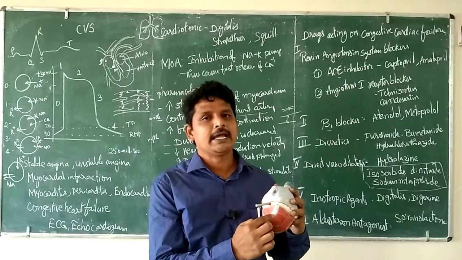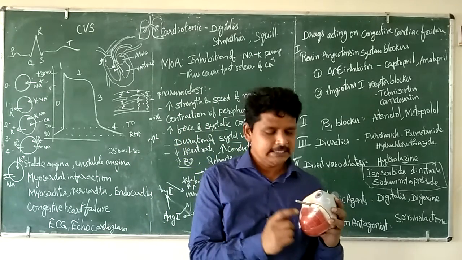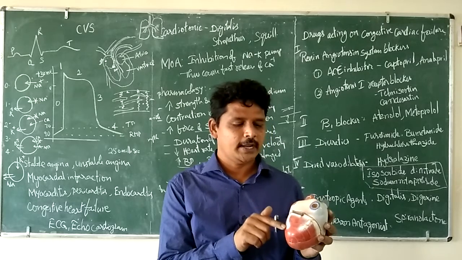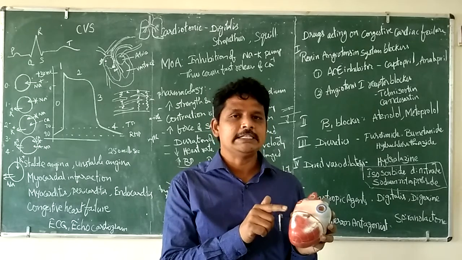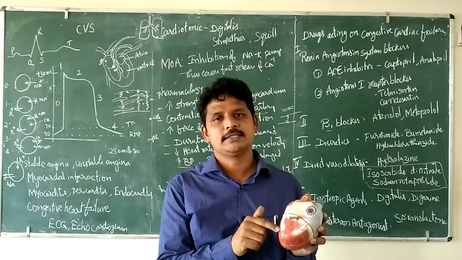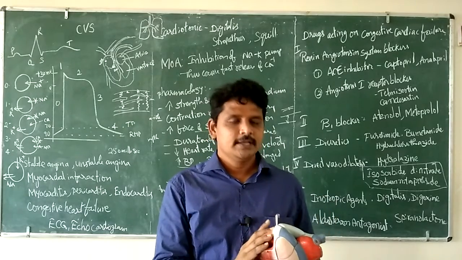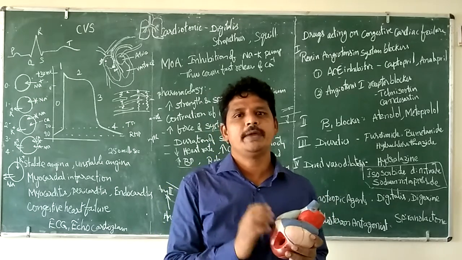These are said to be the coronary arteries. These arteries supply blood to the heart. If there is a blockage of these arteries, it causes myocardial infarction, I mean to say the heart tissue may die.